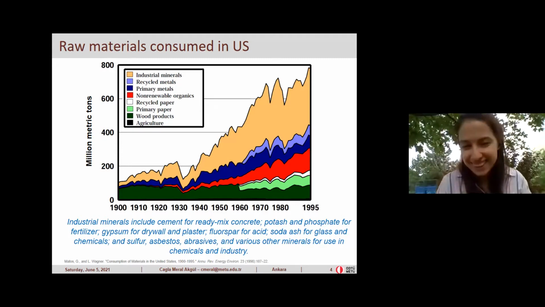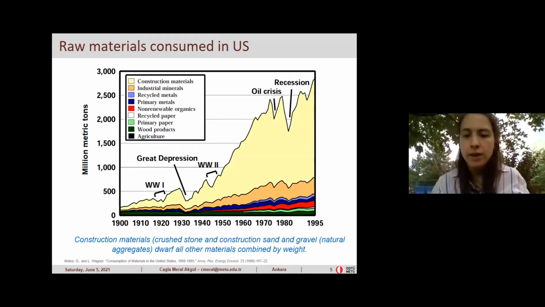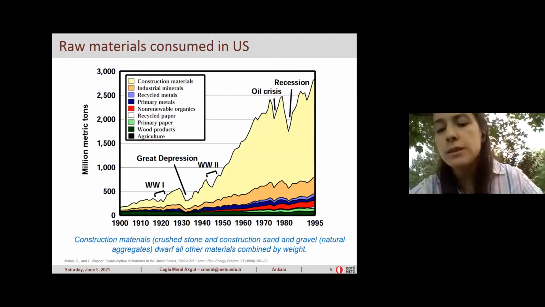Okay. And so I also want to show you the amount of construction materials consumed. So here what you see is, as civil engineers, we actually follow the economic trends very closely. Once there is an economic fluctuation, for example, a war, an economic depression, an oil crisis, for example, or a political crisis, construction sector is influenced right away.